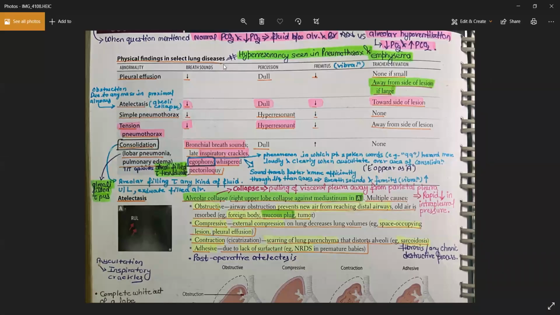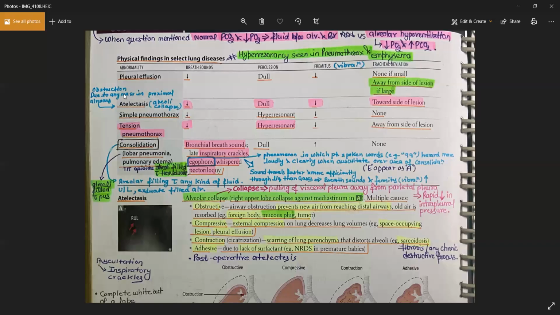The first one is the breath sound. Whenever you have fluid, it will insulate the sounds, so it becomes much harder to hear them. As a result, in case of effusion, the patient will have decreased breath sounds. Second, in case of atelectasis, because the alveoli are collapsed, the air cannot enter into the alveoli.